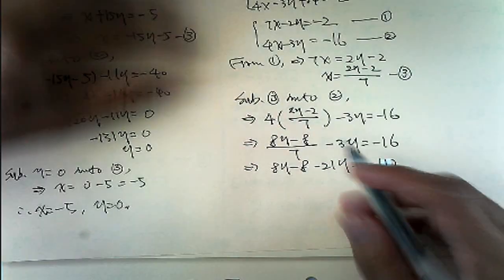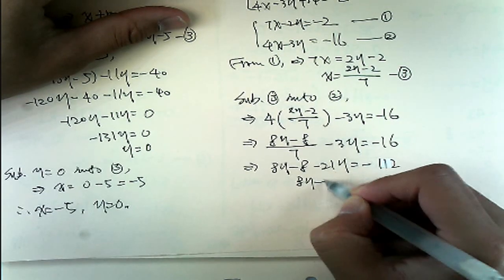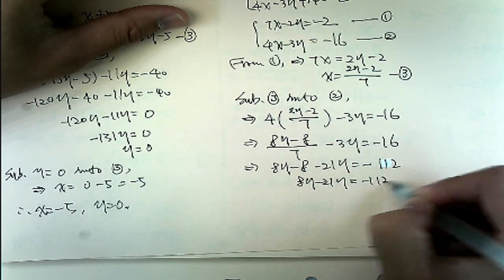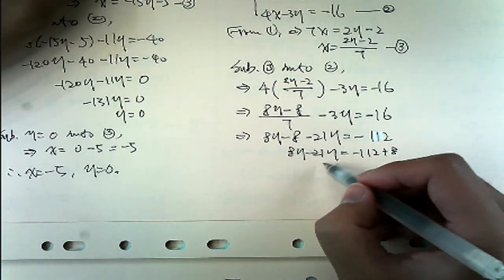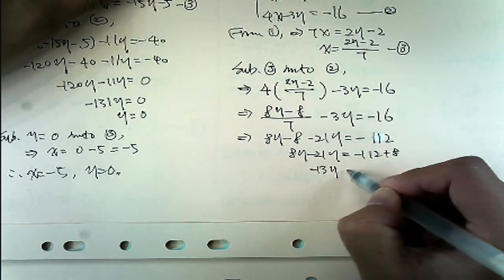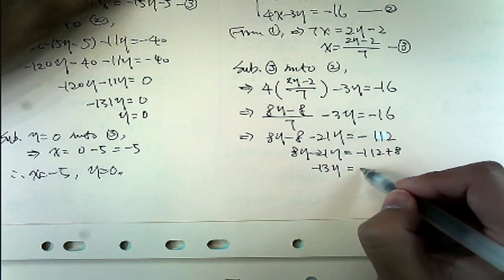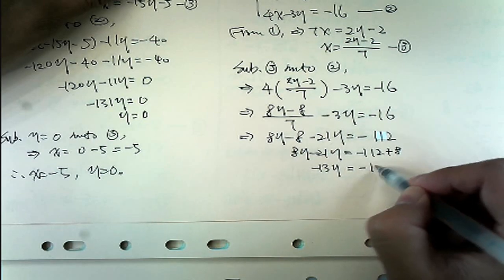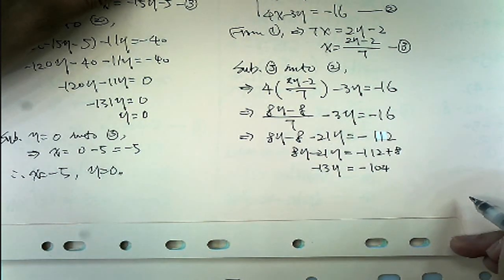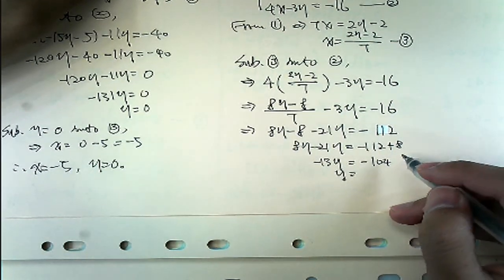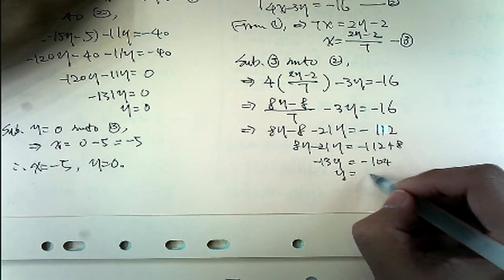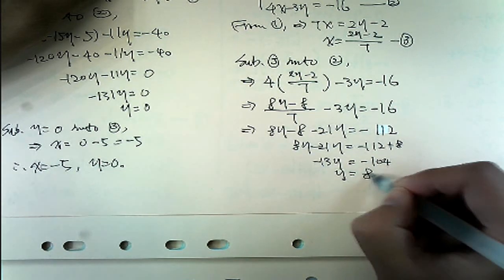Okay, so next calculate y, keep all the y terms on one side, non-y terms to the other side. And let's start calculation. Minus 13y, and then this one will be 104 minus... divide both sides by minus 13, it will become positive 8.